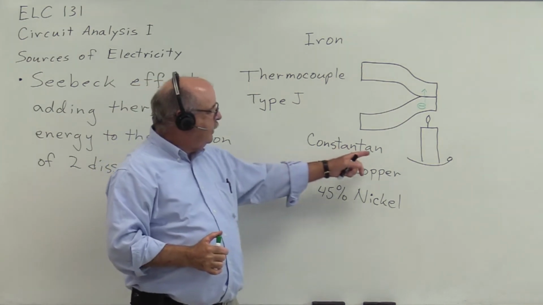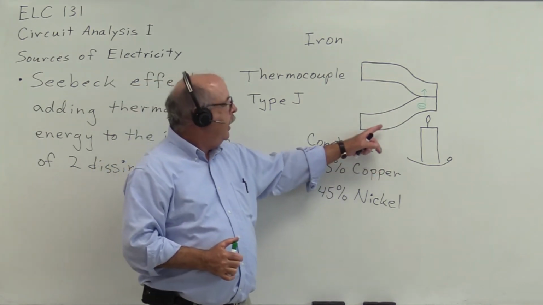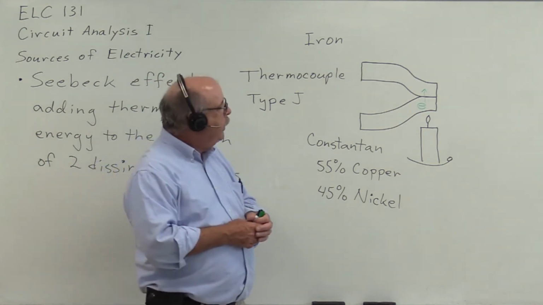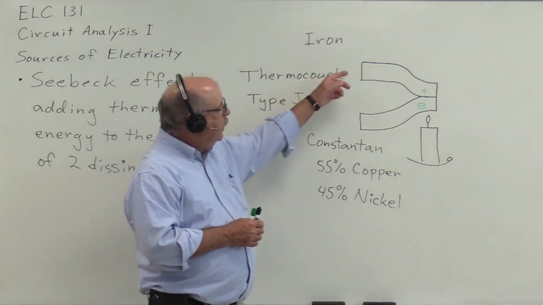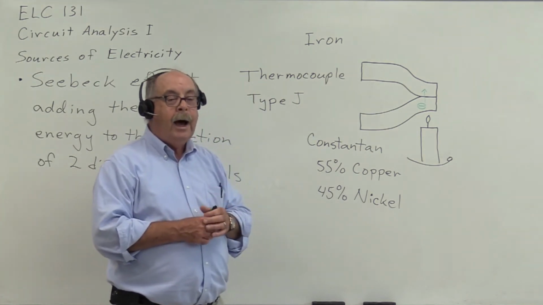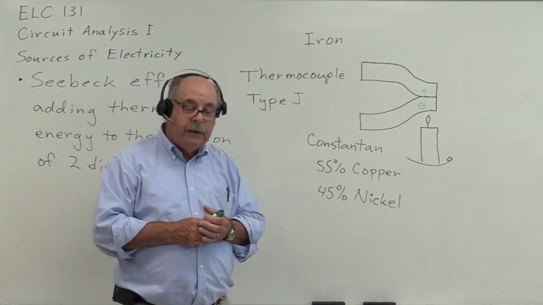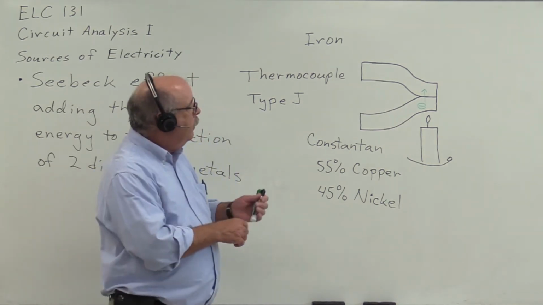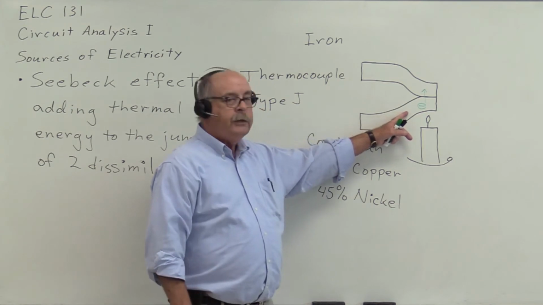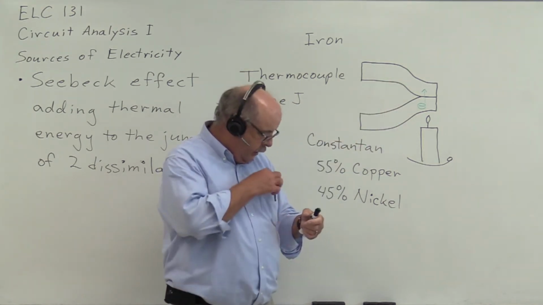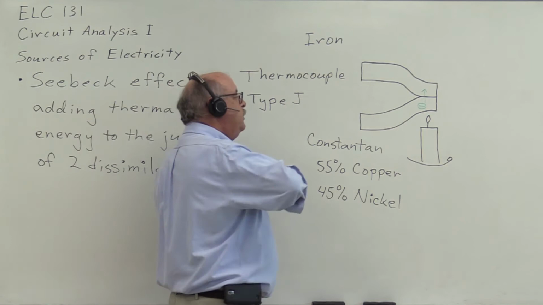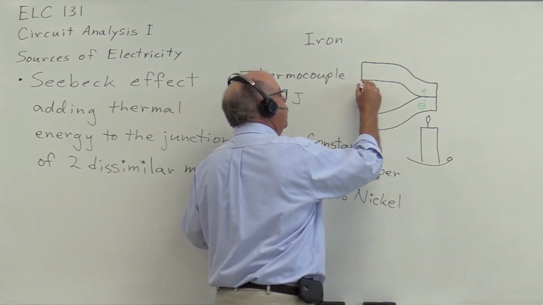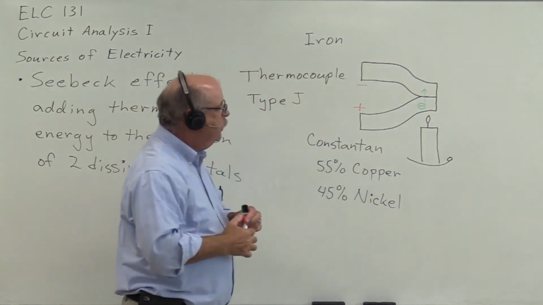The electrons leave the constantan and flow into the iron. The iron has what we call a higher electron affinity than does the constantan. Now, if we have electrons leaving the constantan and flowing into the iron, we'll find a voltage differential across these two terminals, positive to negative.